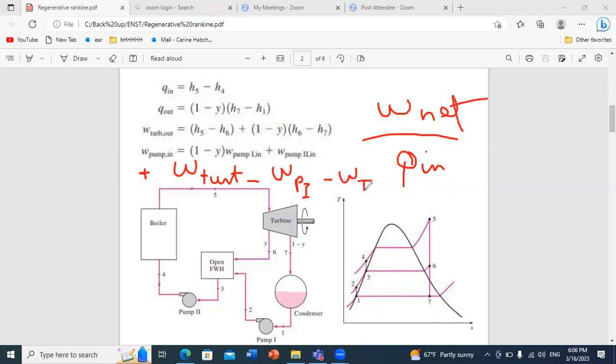Now if we look at our figure, first, for the turbine, if you want to compute the total work produced, you should pay attention to the flow rate circulating from 5 to 6. Is it the whole flow rate?